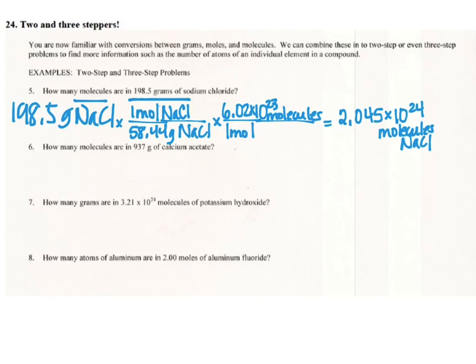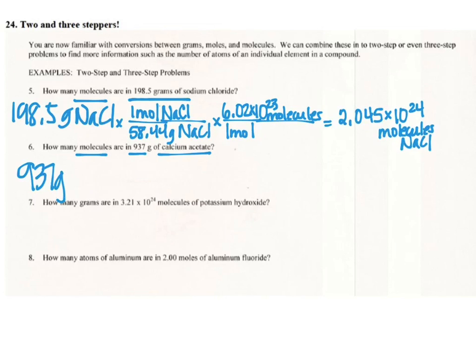Questions on that one? All right, let's go to 6. Do I need to wait a second? Everybody's good. All right, so how many molecules are in 937 grams of calcium acetate? So we have 937 grams of calcium acetate.